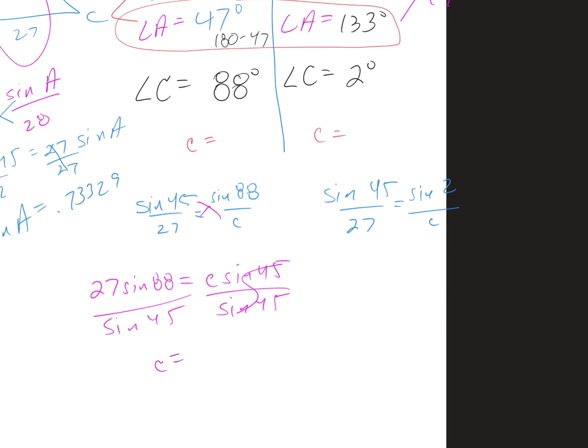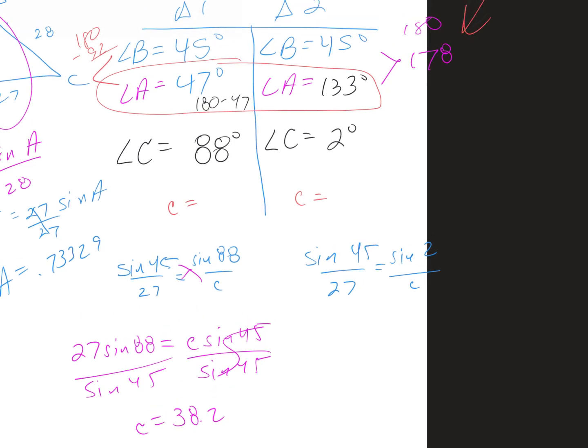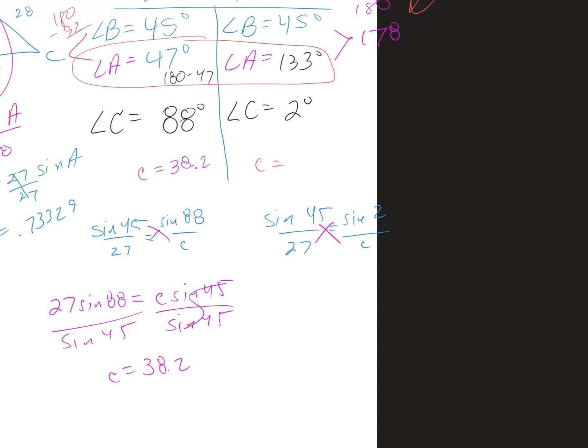And in this triangle over here, 27 times the sine of 88 divided by sine 45. 38.2. You guys agree? Okay, 38.2. And then over here, again, cross multiply.